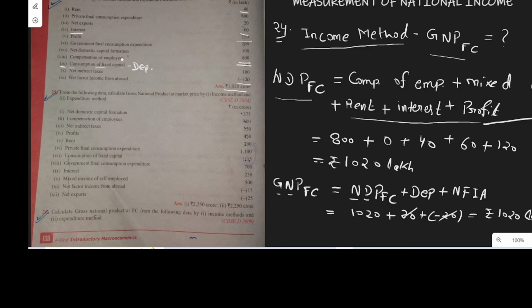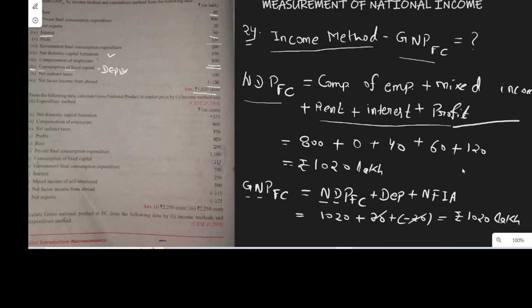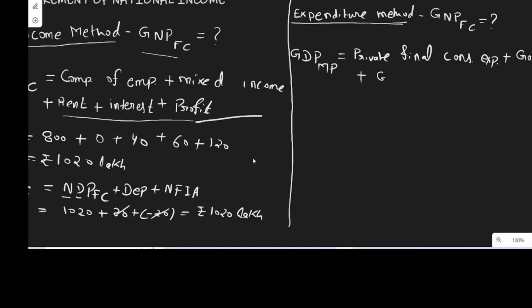So by adding these two, net domestic capital formation and depreciation, I will get gross domestic capital formation. So in the formula, instead of writing gross domestic capital formation, what will I write?